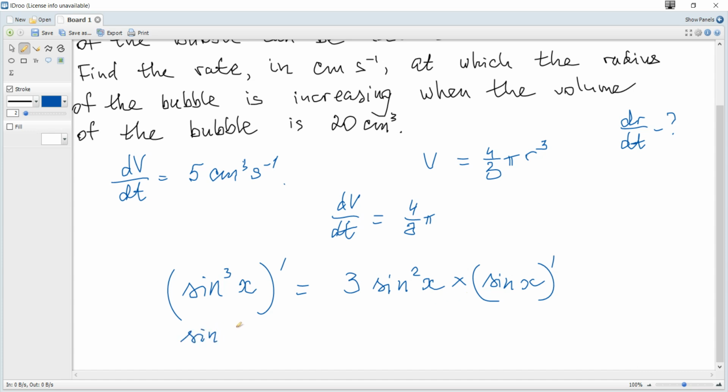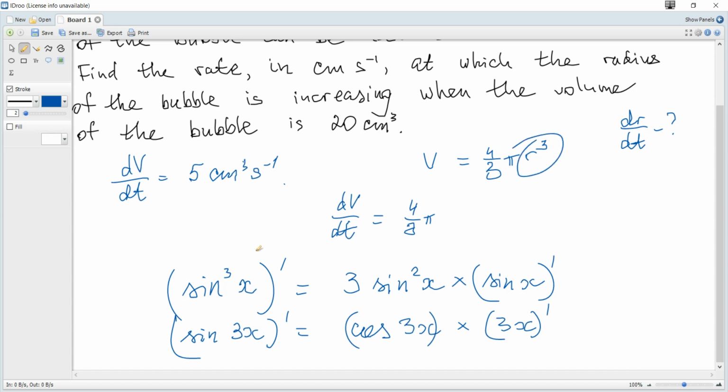But if it looks like sine of 3x, when there is no power but a more complicated argument, the chain rule says that you apply the same rule as for just sine and keep the argument, so it becomes cosine of 3x multiplied by the argument's derivative.